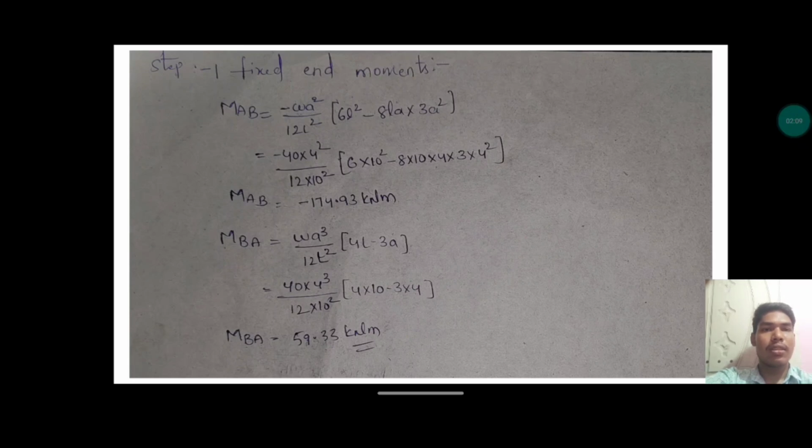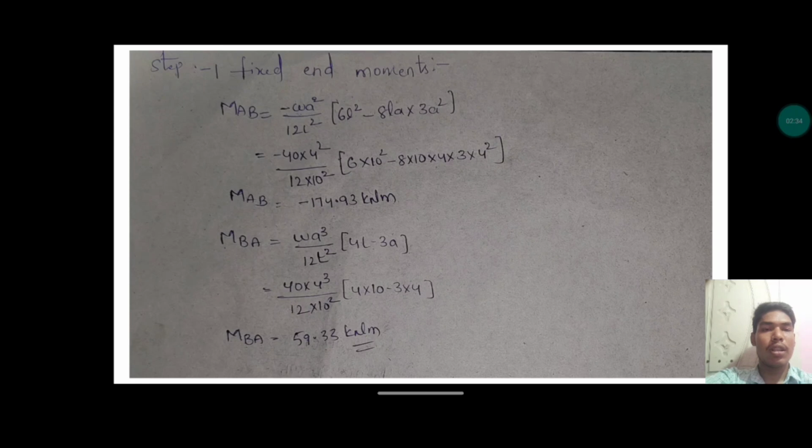We substitute the values in the formula: minus 40 into 4 square by 12 into 10 square, into 6 into 10 square minus 8 into 10 into 4 plus 3 into 4 square. MAB is equal to minus 174.93 kilonewton meter.